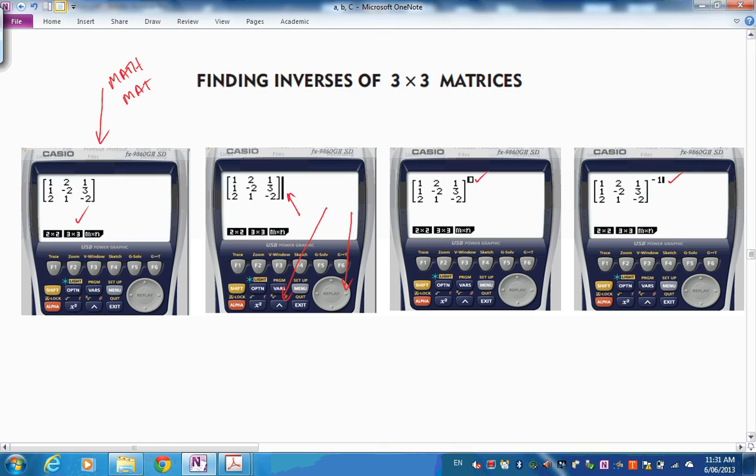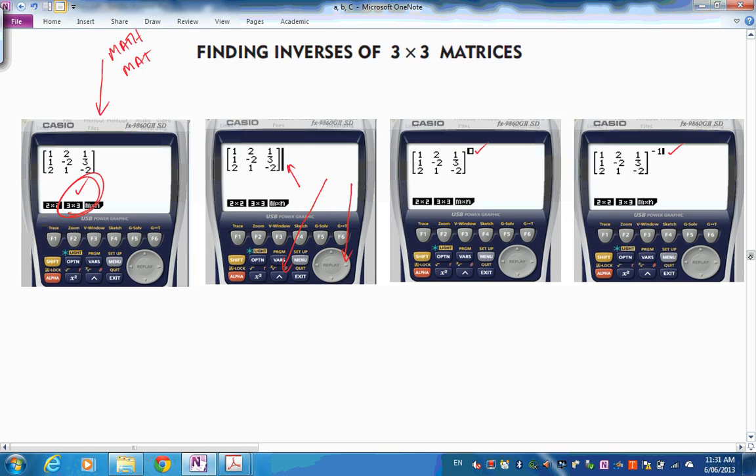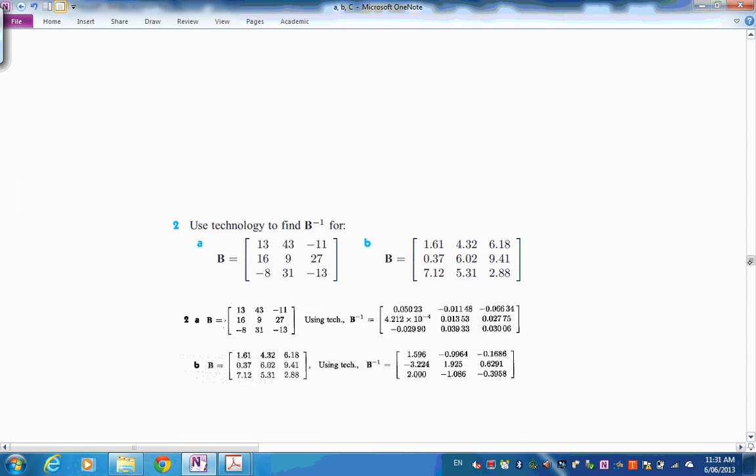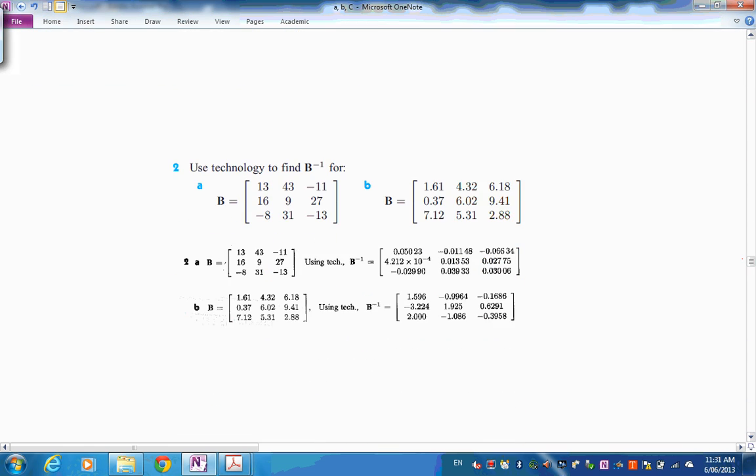Same as with the 2x2, wasn't it? We're just entering over here a 3x3. All right, so are you happy with that? You can get it from the calculator, and we don't have to be able to get it by hand. So here it is. Use technology to find the inverse of B, and the answers are right underneath. Just a little bit of calculator practice for you there.